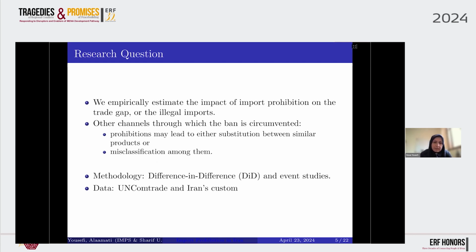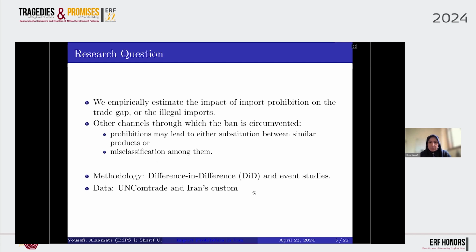Or another mechanism: are importers misclassifying between similar products, or are consumers substituting between similar products? Are these channels neutralizing the policy and keeping it from reaching its goal? So that's our concern.